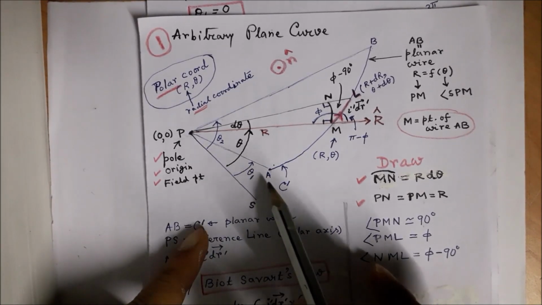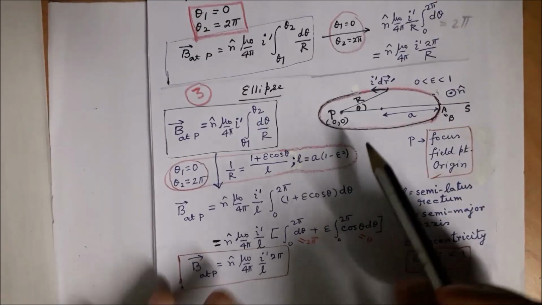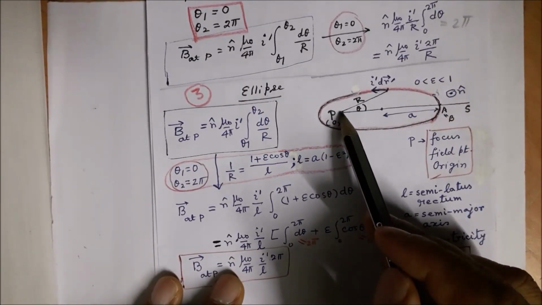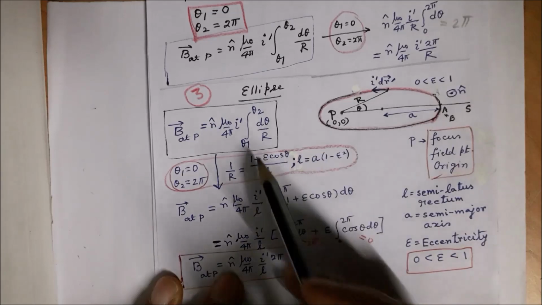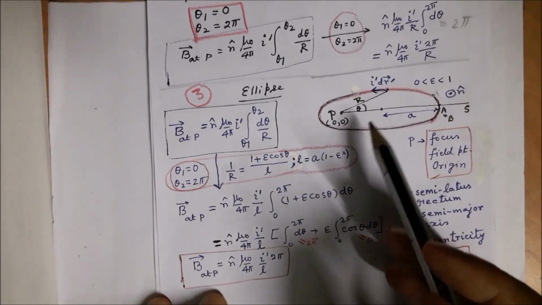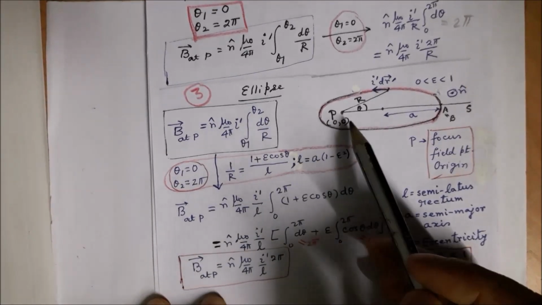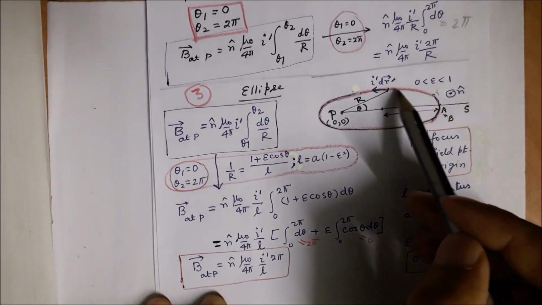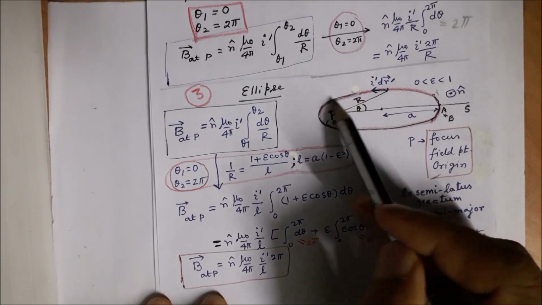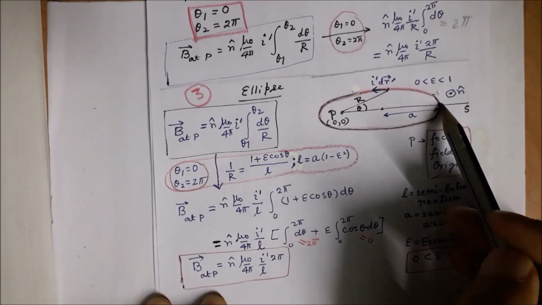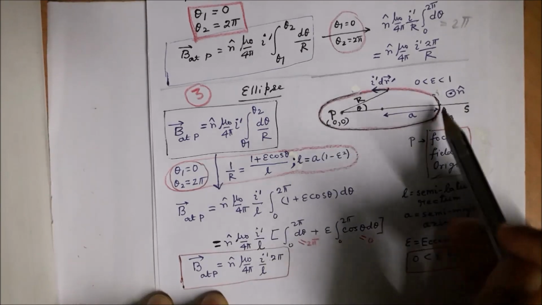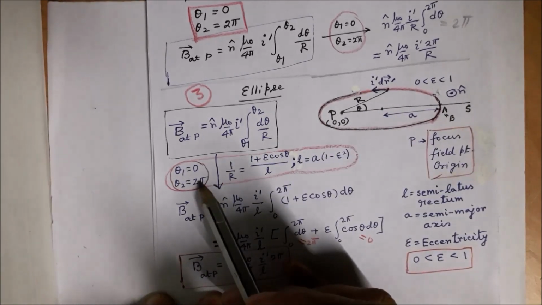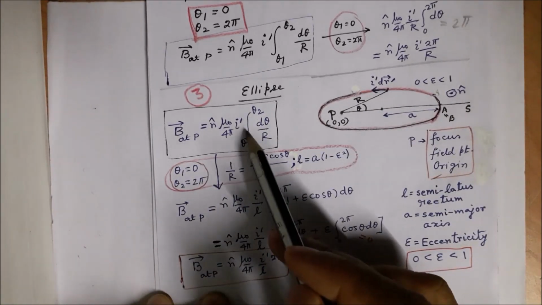But unlike this situation, here A lies on the reference line, so that theta 1 is 0. So when we apply this formula here, we have to put theta 1 equal to 0. Now if we move around the entire circuit along the ellipse, and then we come back to the initial point, which means theta 2 is a full circuit, that is 2 pi. So these are the modifications that are made.